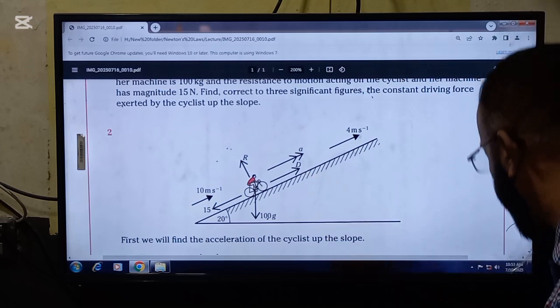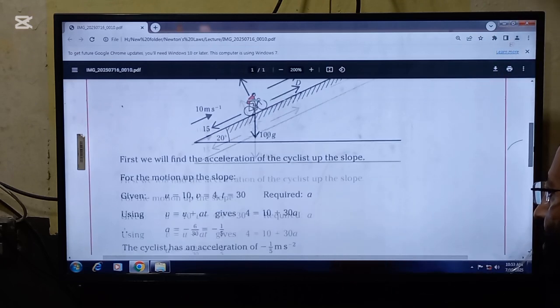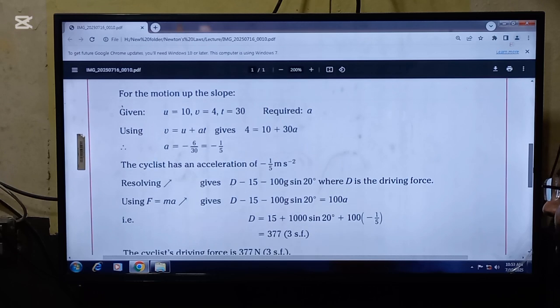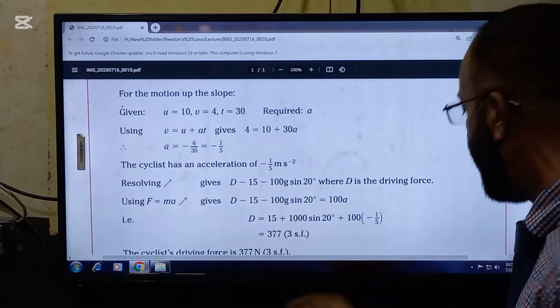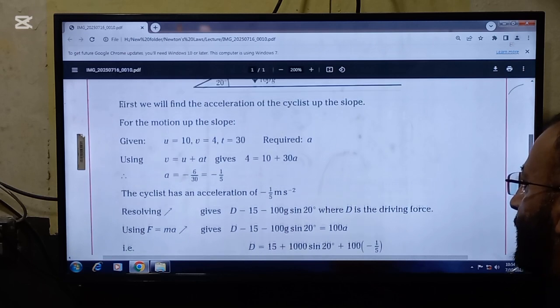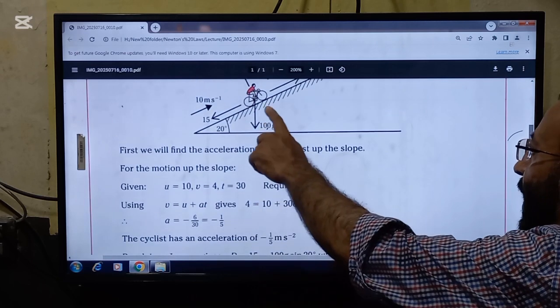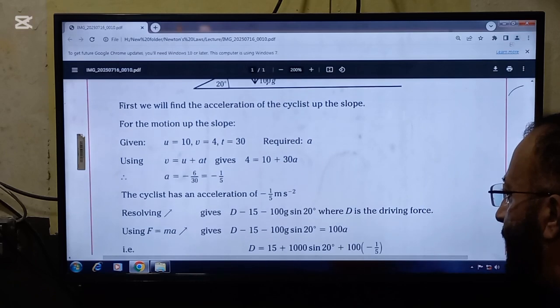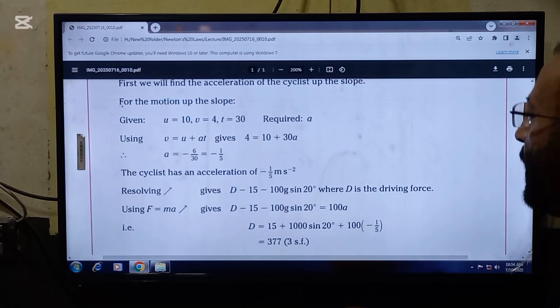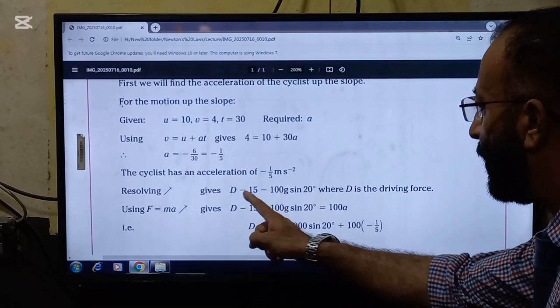Now the question is to find, correct to three significant figures, the constant driving force. So this is the driving force that is required. Concentrate now. Driving force minus 15, because 15 Newton is the resistance that is resisting the motion. So this factor will be subtracted from the driving force.